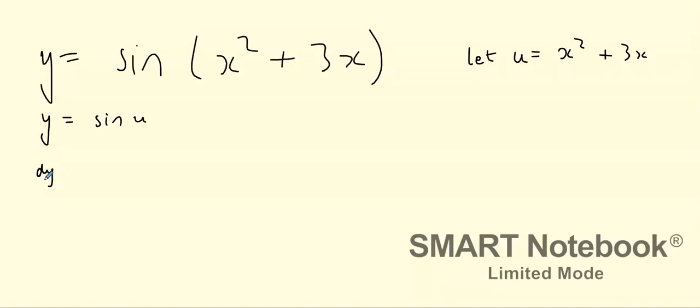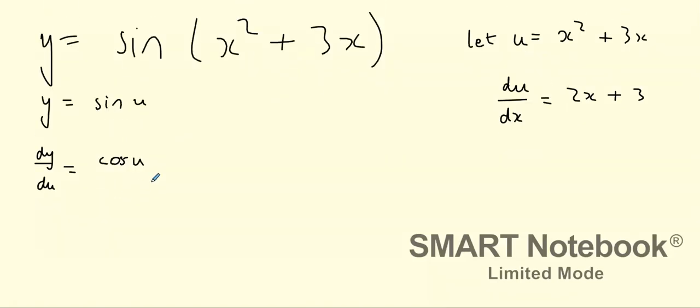That simply is dy over du equals cos u. That's what we understood from our first proof of sine x. If I differentiate u, I get du by dx equals 2x plus 3.